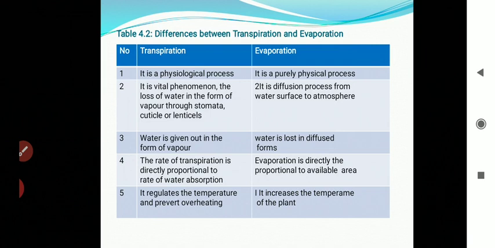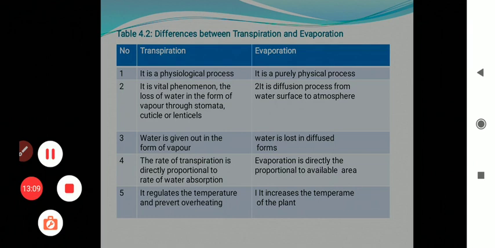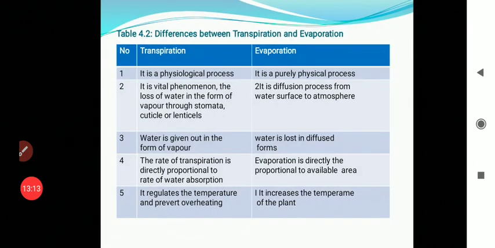First difference, transpiration is a physiological process, evaporation is a physical process. Transpiration is a vital phenomenon, the loss of water in the form of vapor through stomata or cuticle or lenticels. Evaporation is a diffusion process from water surface to atmosphere.